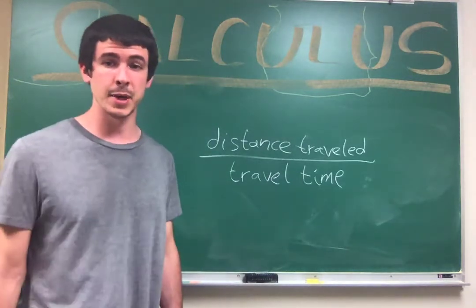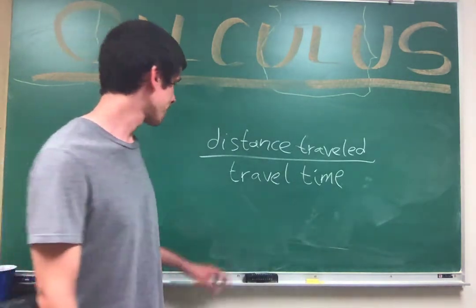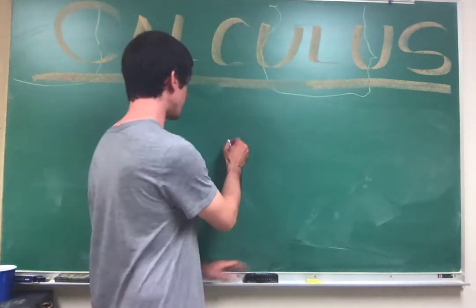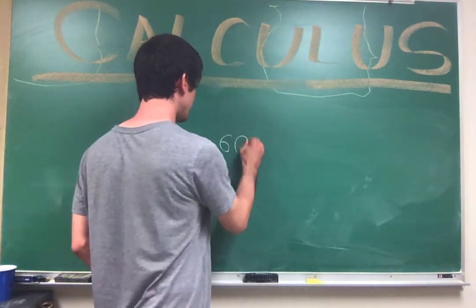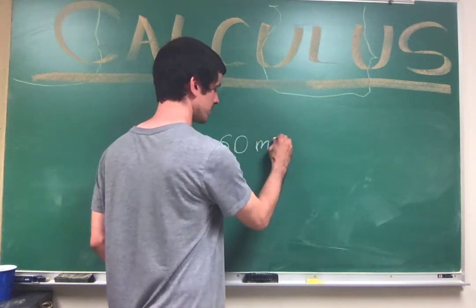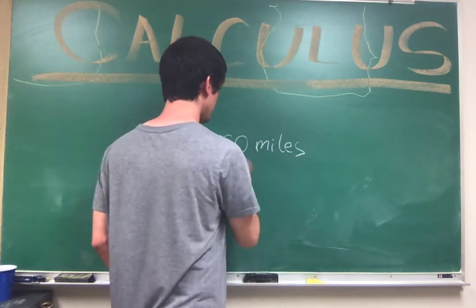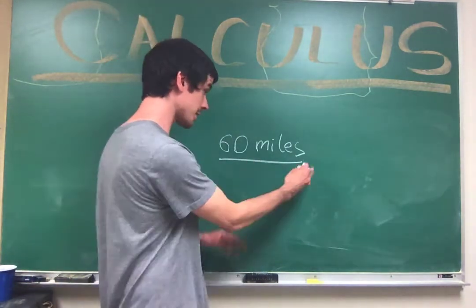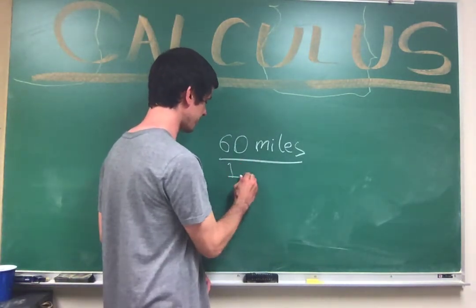So 60 miles per hour would mean that you will have gone 60 miles. You will go 60 miles when you drive for 1 hour.